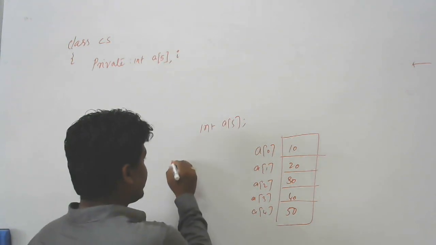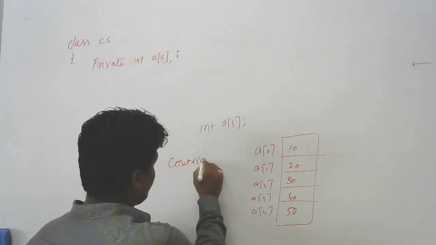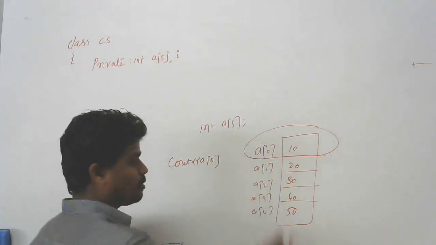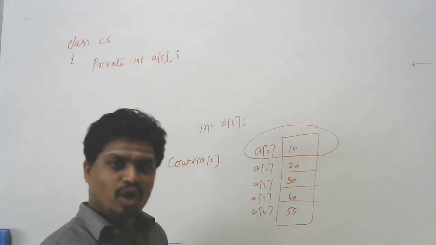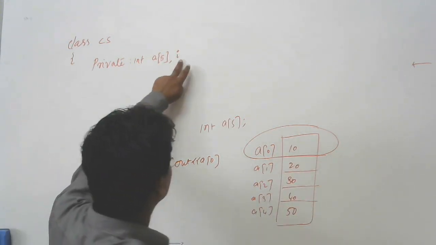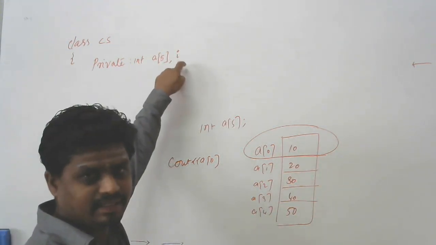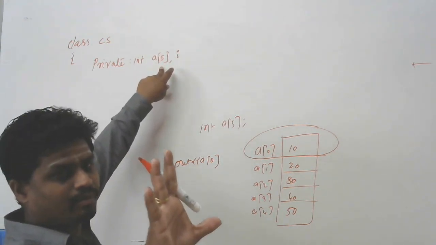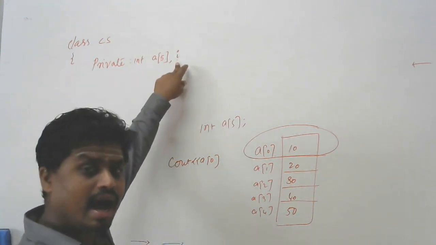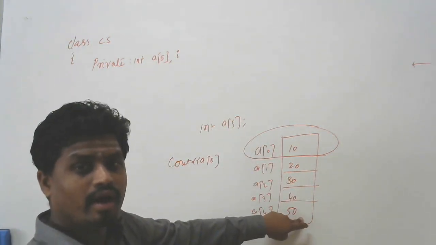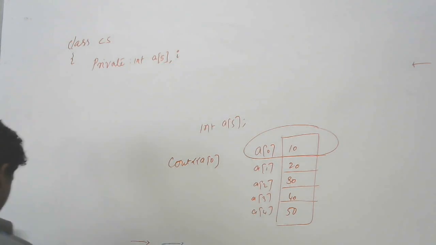If you just write cout a of 0, the compiler only prints this value, that's it. What about the remaining? So to visit each and every block, I am taking the help of i. Okay. First, a of 5, an array of 5 memory blocks. Second, I have taken i to visit each and every block that you have declared.